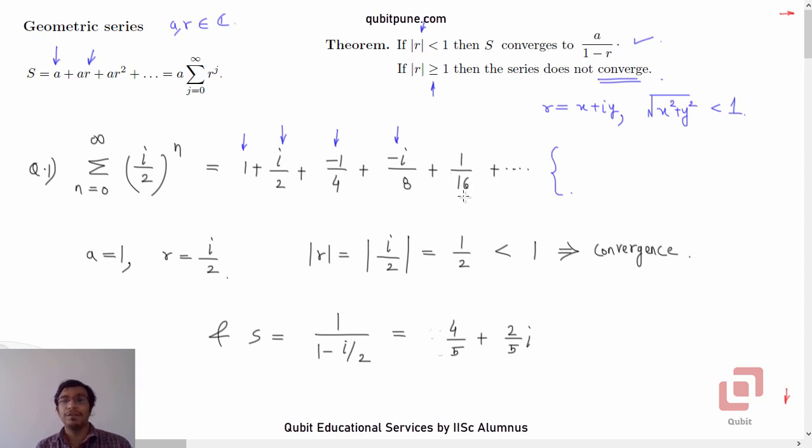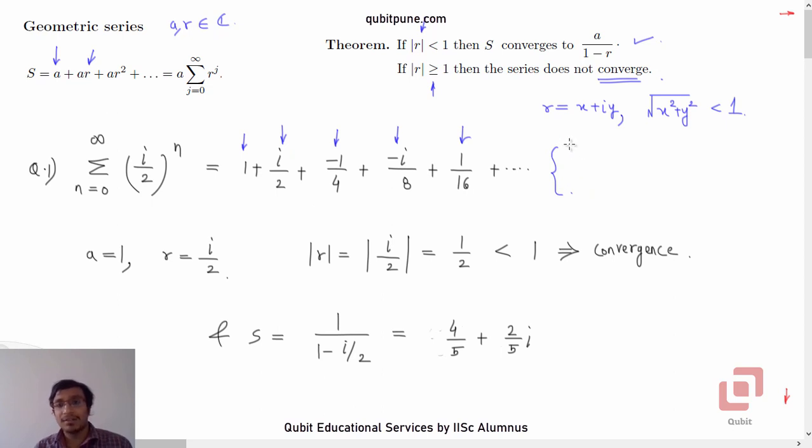Okay, so if you go to the fifth term, the numerator is going to be i to the power 4, the denominator is going to be 2 to the power 4, that is 16, and so on. Now you may observe here that this particular series is actually giving us two sub-series, if you want to call them.